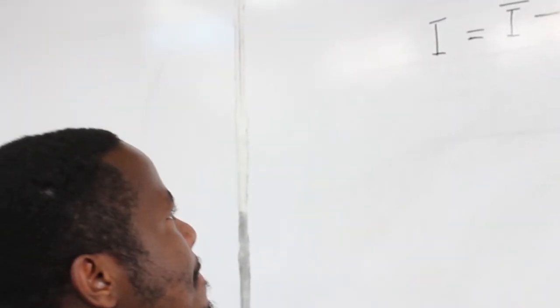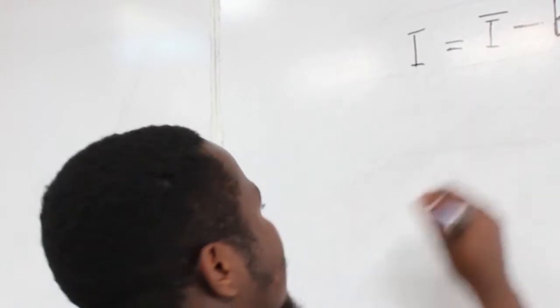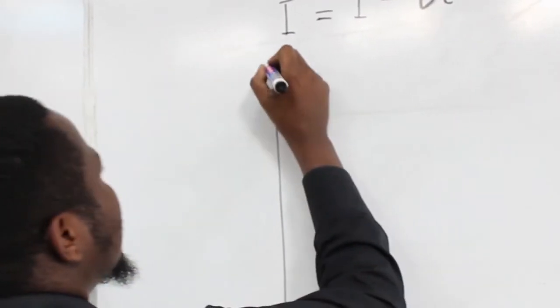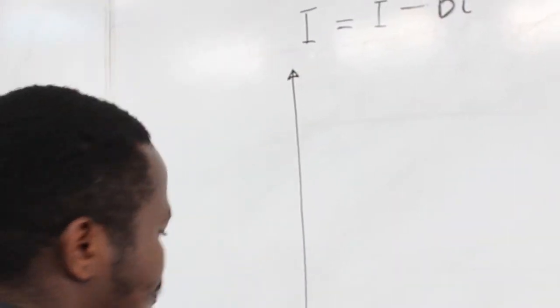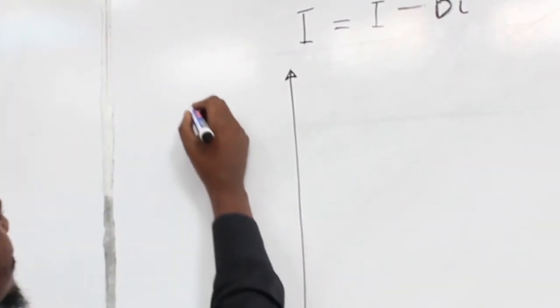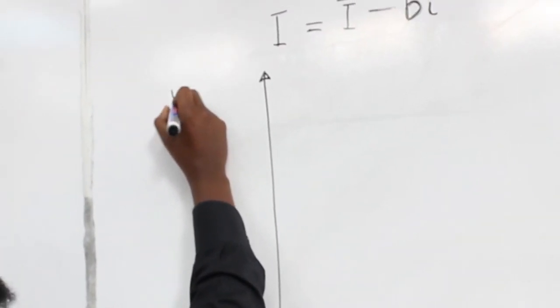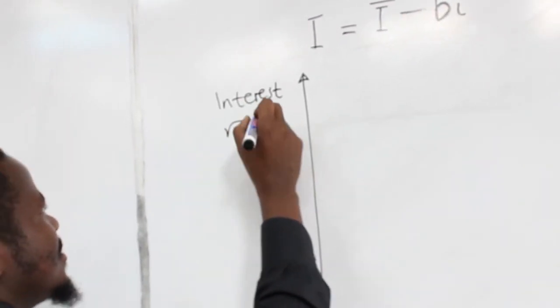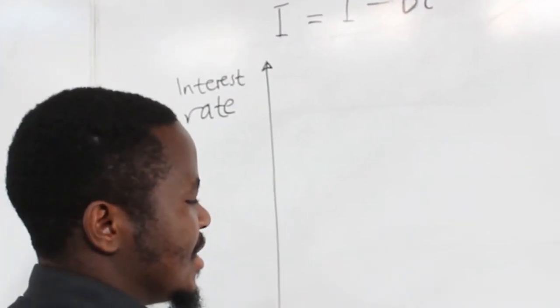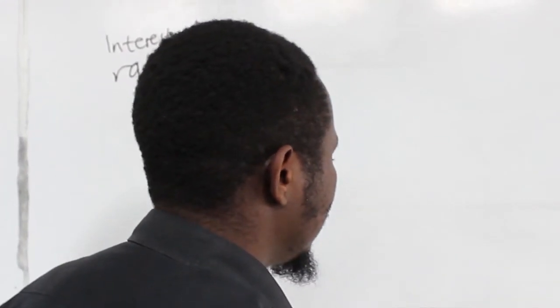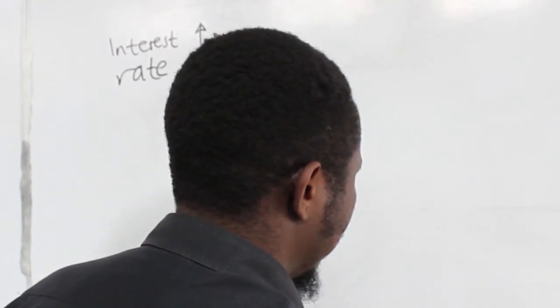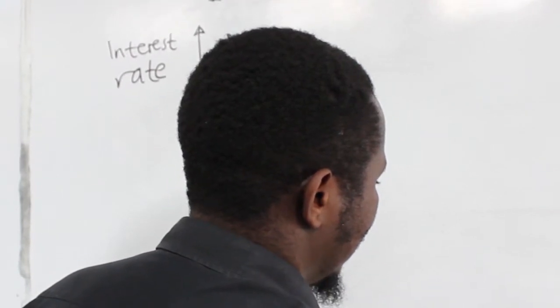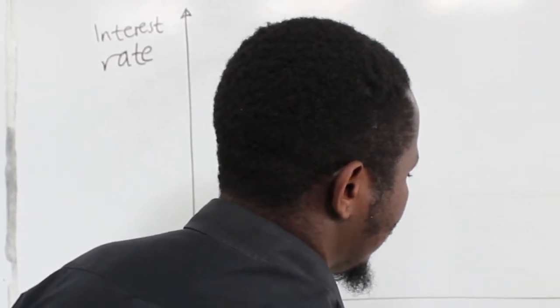We have already explained that there is a negative relationship between investments and interest rates. So graphically, we can show that negative relationship. Assume that on the vertical axis we have the interest rates, which is the I, and on the horizontal axis we have planned investments, which is the level of total investments.